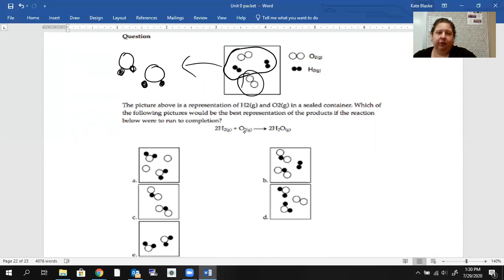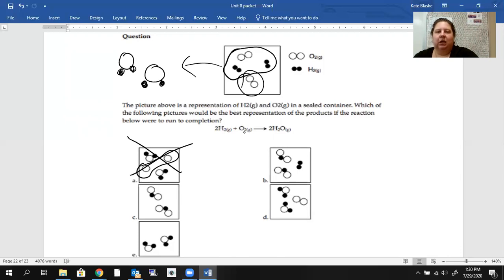So if we look at our choices, A is out because it shows those oxygens being separate from each other. There's nothing in our reaction that tells us that those oxygens are going to split up into atoms instead of being in a molecule. So A is out. B, that's not even a water molecule.